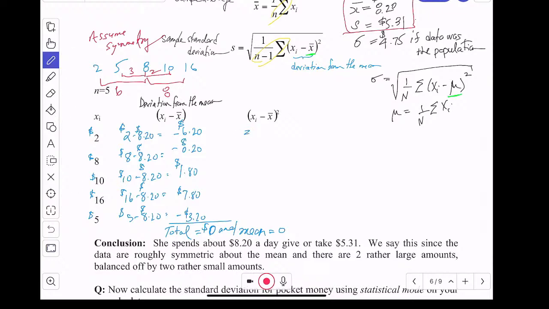So if I start squaring to get rid of the negative sign, what are the units?